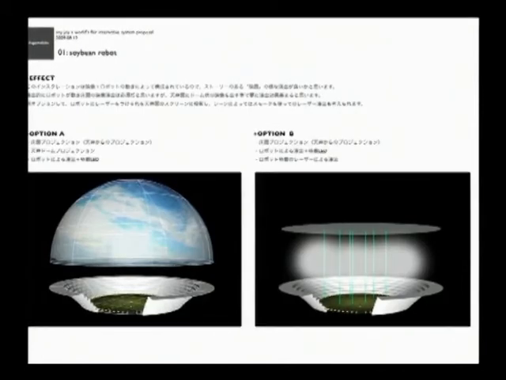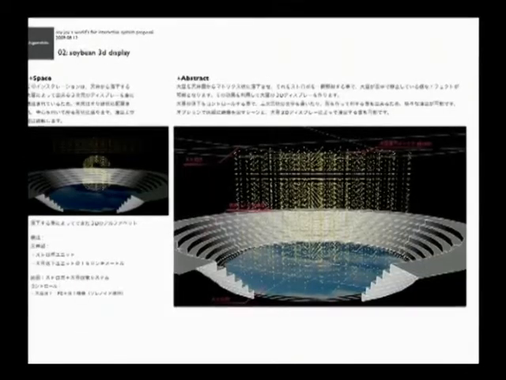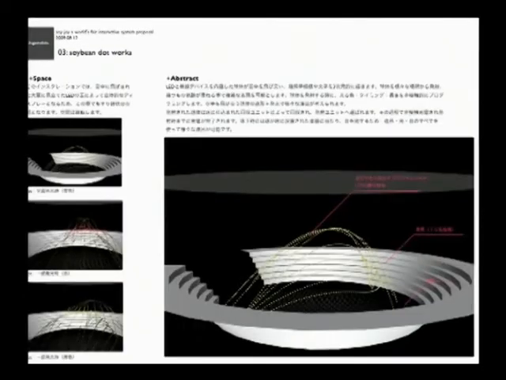This is also another project, another idea. And one of the similar ideas to the particles now is this one, throwing the lighting ball from the ground and making some 3D shape in the air.